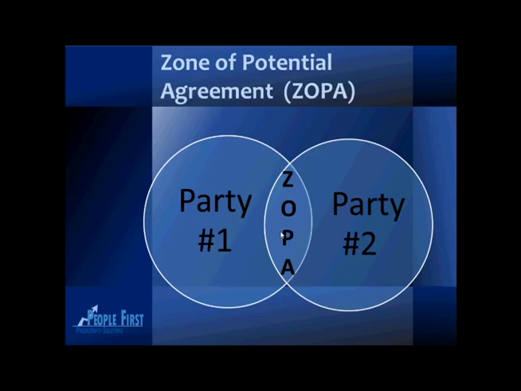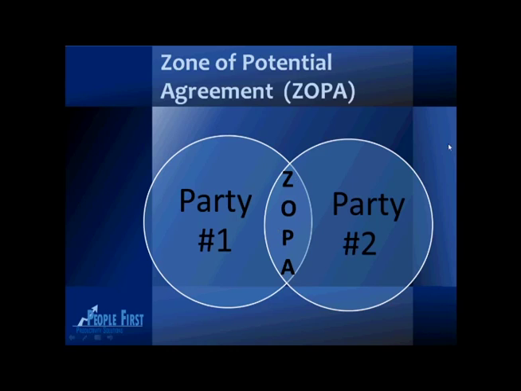At whichever point, the minimum or maximum, that it's no longer desirable to you, that's your walkaway. It's also known as your reservation price. So the overlap between you and the other party might be as simple as the place where your walkaway prices are intersecting. Okay, so let me give you a scenario with a reservation price in mind.